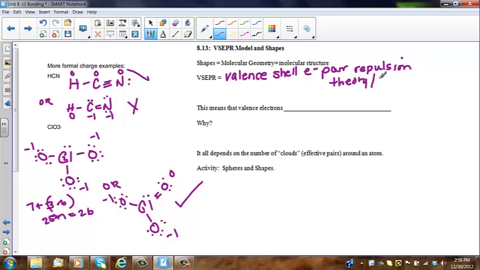I'll put theory/model. It's a way of looking at things to determine how the structure will look three-dimensionally and then two-dimensionally on paper.